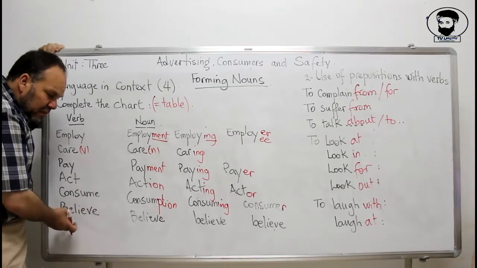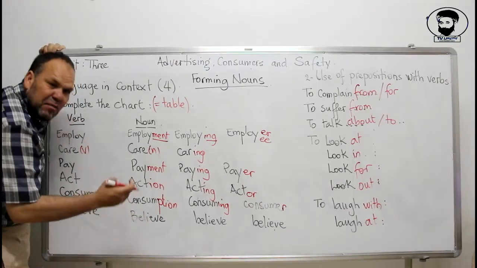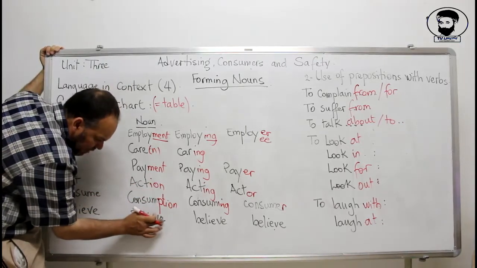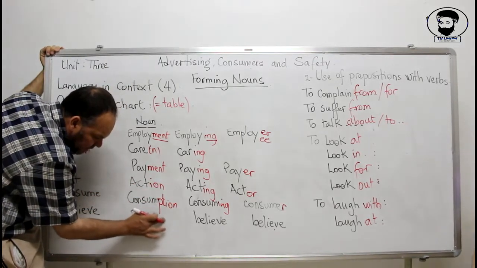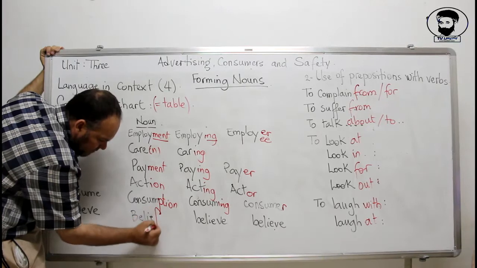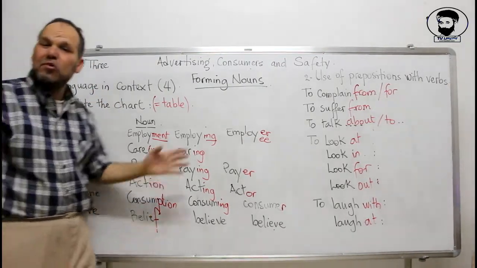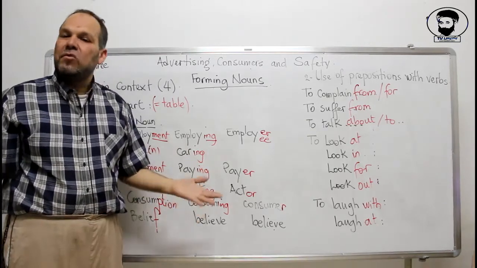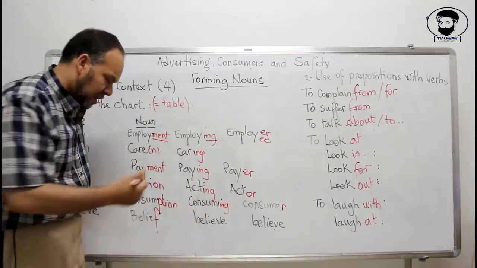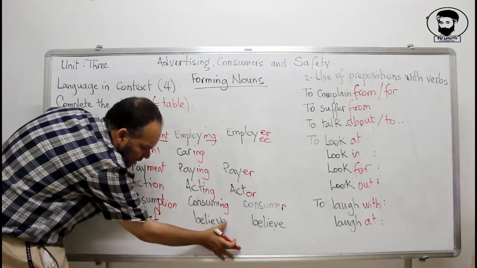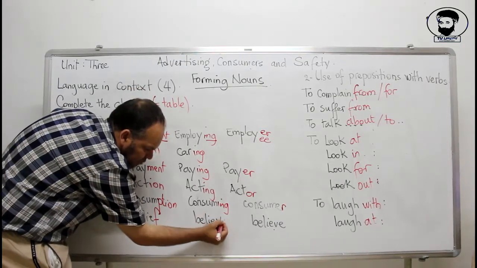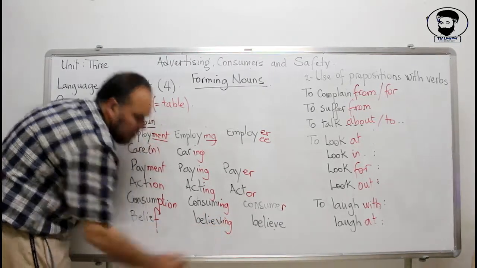Now, believe. The noun of believe is irregular. Look, we omit this ve and write an f: belief. This is the noun. Now, suppose you don't know this noun. You have got another way. You take the verb, omit the e at the end and write believing.